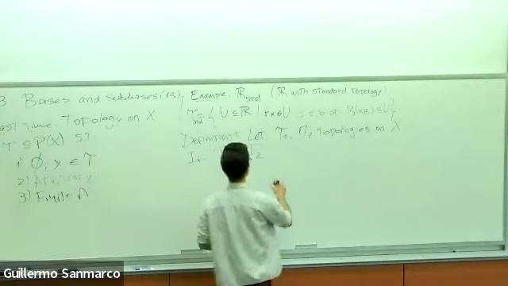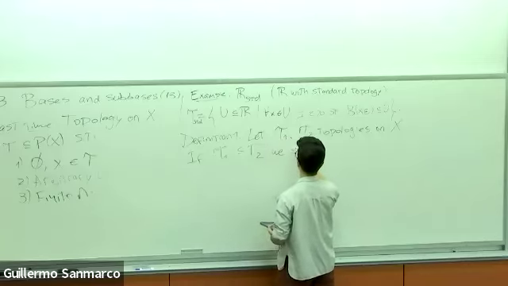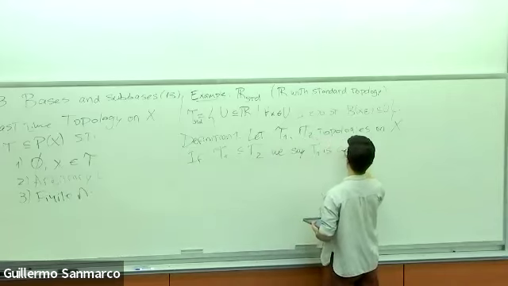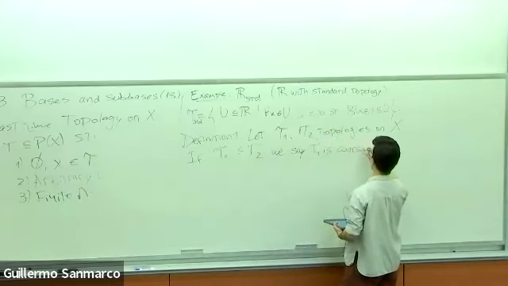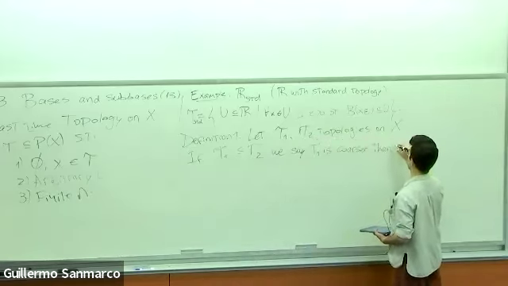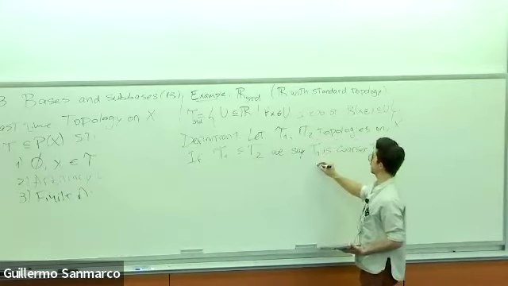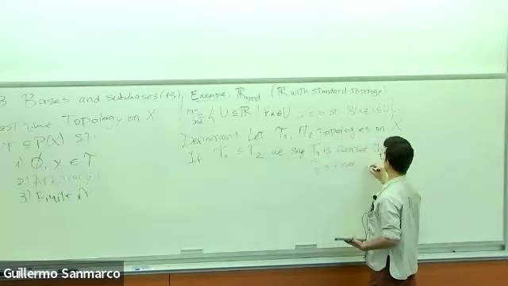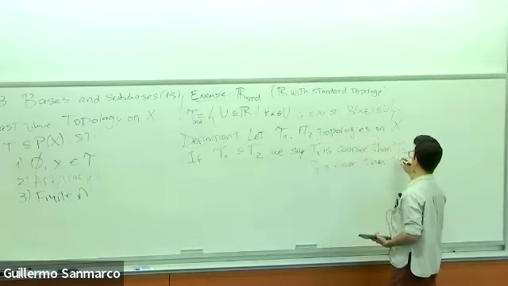In this case, we say that T1 is coarser than T2, and that T2 is finer than T1.